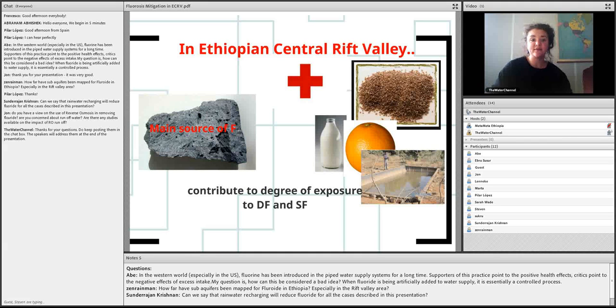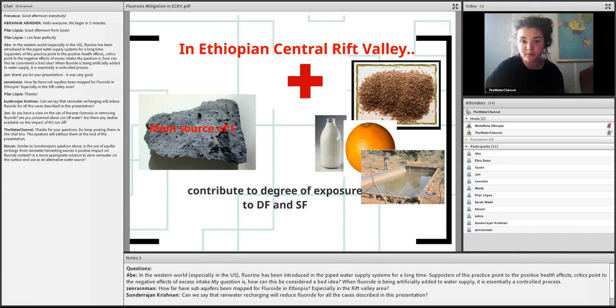In Ethiopia's Central Rift Valley, the main source of high fluoride concentration is the basaltic rocks present in the groundwater, but there are also other sources of fluoride and other variables that influence the vulnerability to dental and skeletal fluorosis.